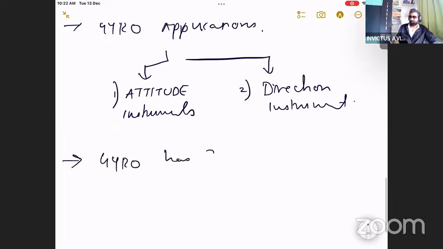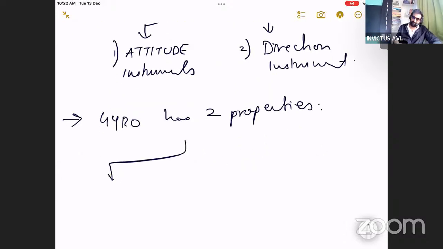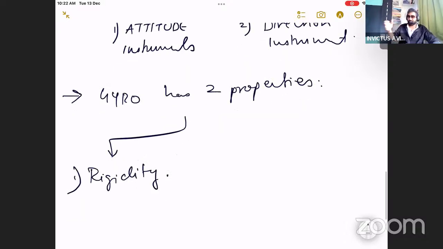Gyro has two properties. Students who have done this in the past, today you should finalize it forever in your mind, okay? Number one, rigidity. This is where it gets deeper now. The meaning of rigidity, the formula of rigidity, and the elements of rigidity. Do not rush it.